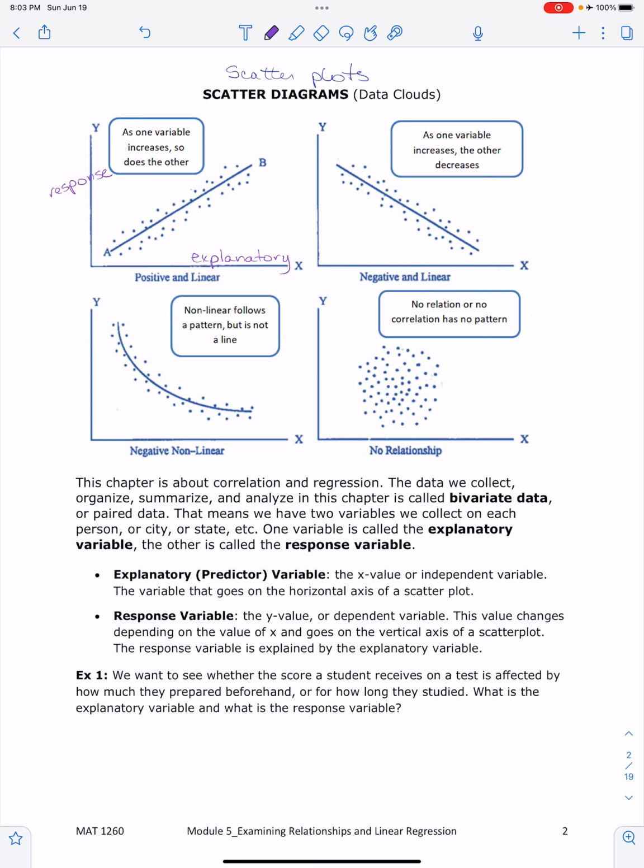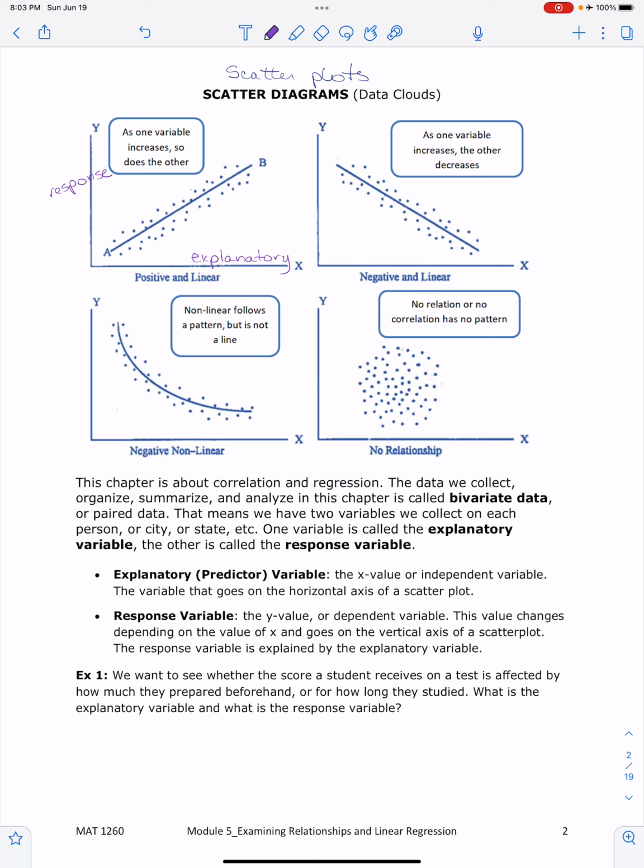Okay, so this top left graph, we have a positive relationship. Think about what you remember about the slope of a line. This line goes up to the right, positive slope, positive relationship, and it looks like this data is going to be described fairly accurately using a straight line model.